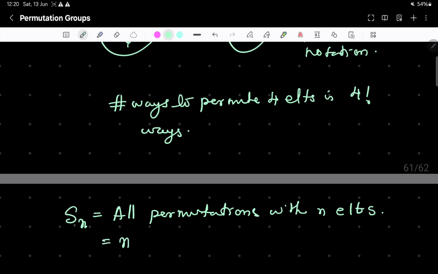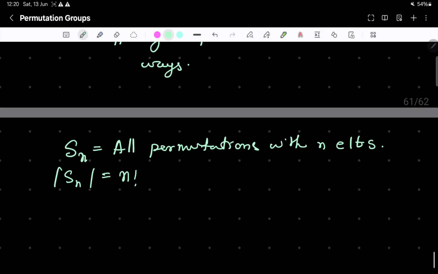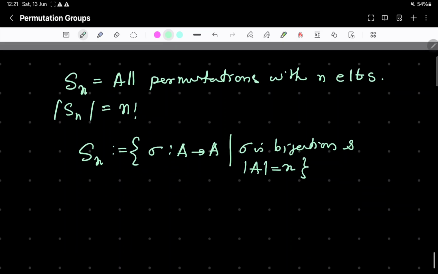So the cardinality of this set, the number of elements in the set, will be n factorial. This Sn contains all the permutations. In set notation you may write it as sigma from A to A, where sigma is a bijection and the size of A is equal to n. So this is one way of writing the notation: all bijections from A to A with n elements.